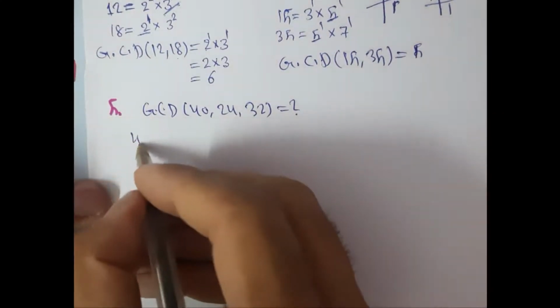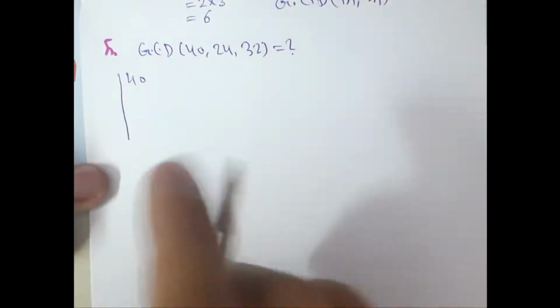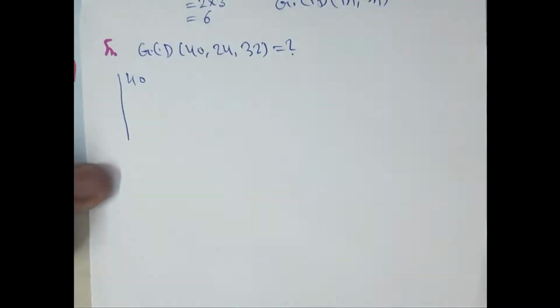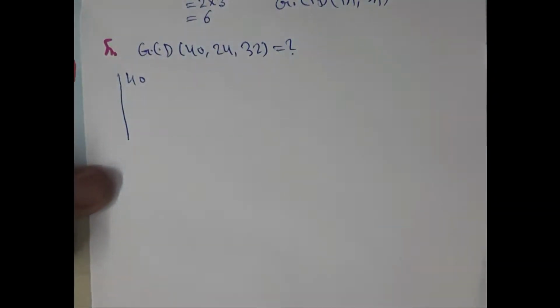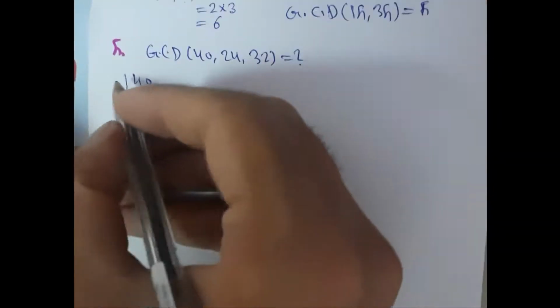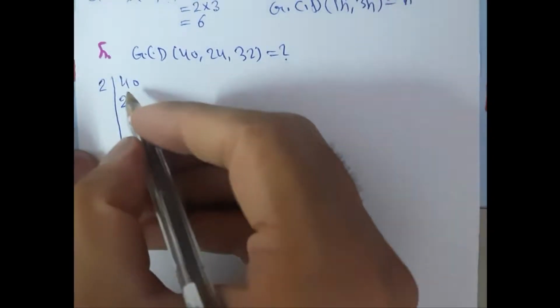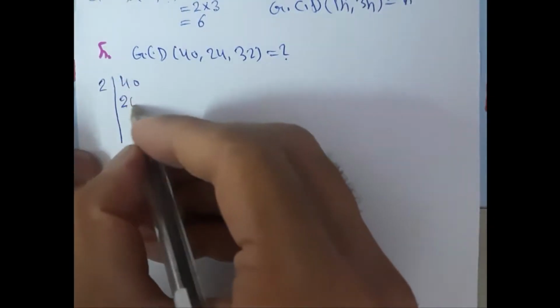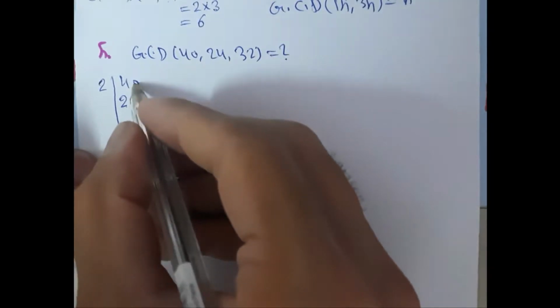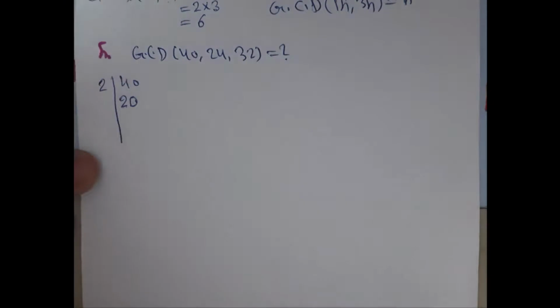Here first we want to find the prime factors of 40. Divided by 2. 4 divided by 2 is 2. 0, we take it down.